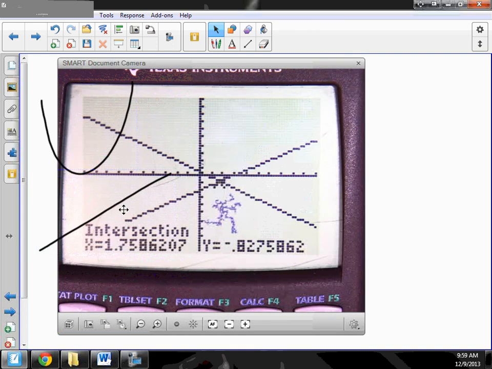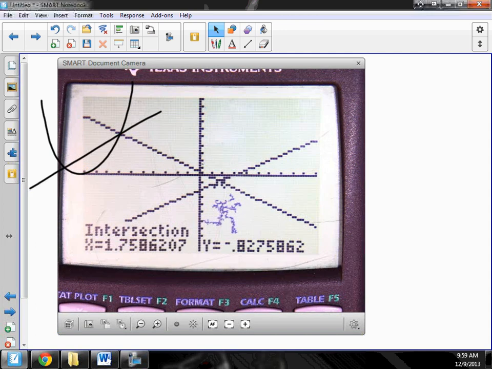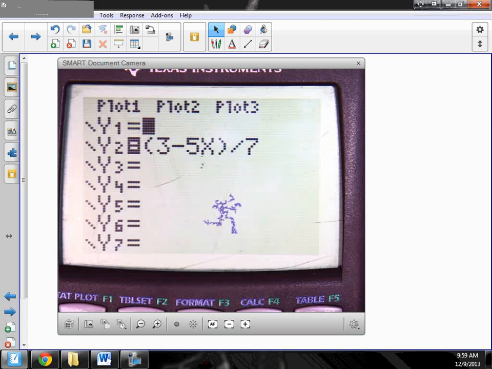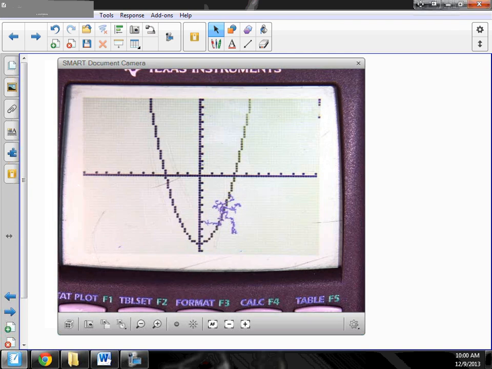So if that's the system, they never touch. That system has one intersection, and this system has 2 intersections. So one example of this would be the functions x squared minus 9. So if I type in x squared minus 9, oops, and the function x, these are going to intersect twice.